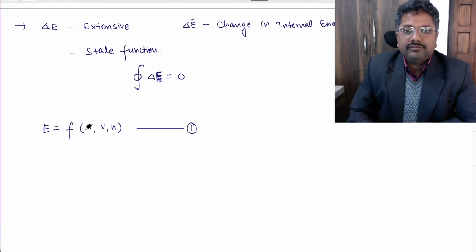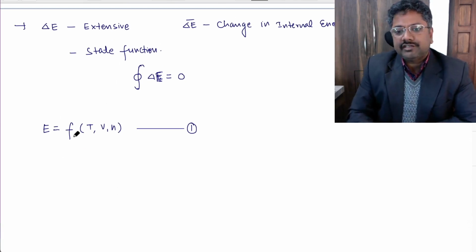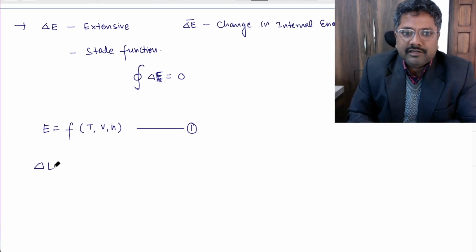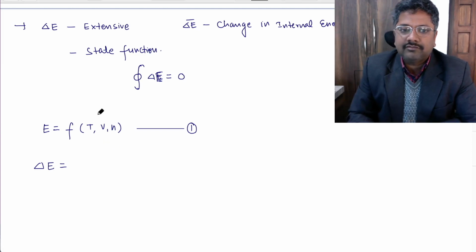So if you want the complete change in the internal energy, do the partial differentiation of this equation. Hopefully all of you know partial differentiation.